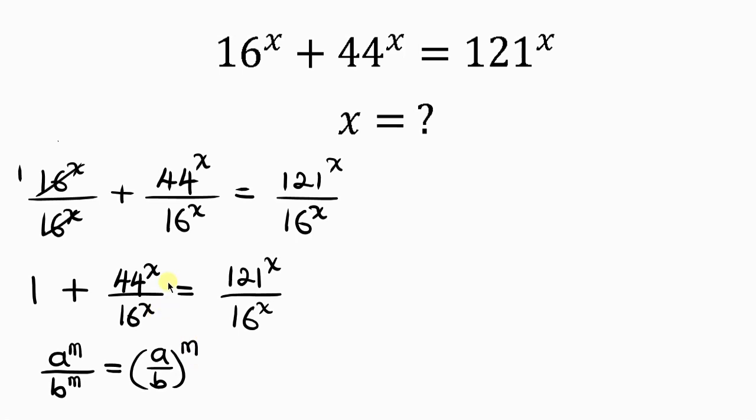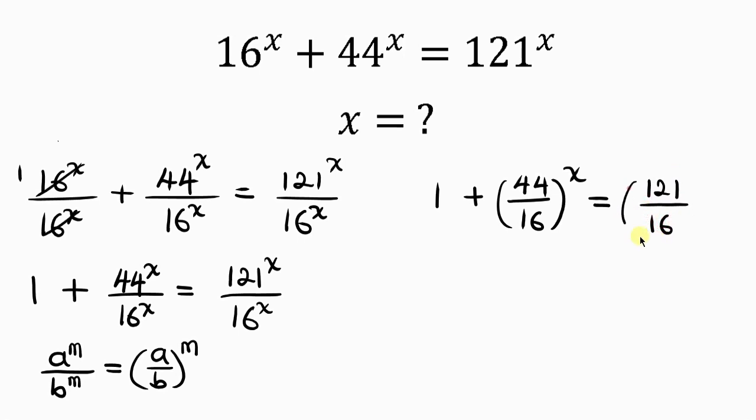So we're going to be expressing this and this like this. So we have 1 plus this becomes 44 all over 16 all raised to the common power x. This is equal to, we do the same here. This is 121 all over 16 all raised to the common power x.